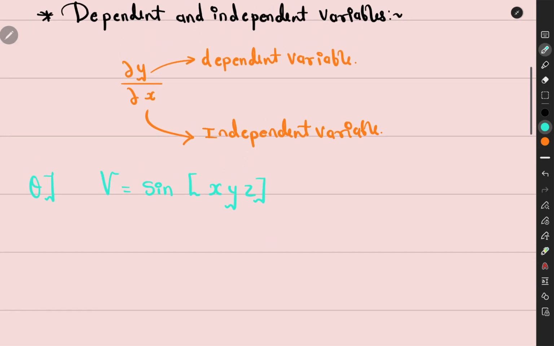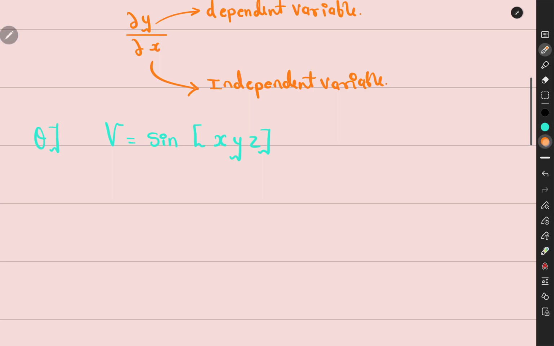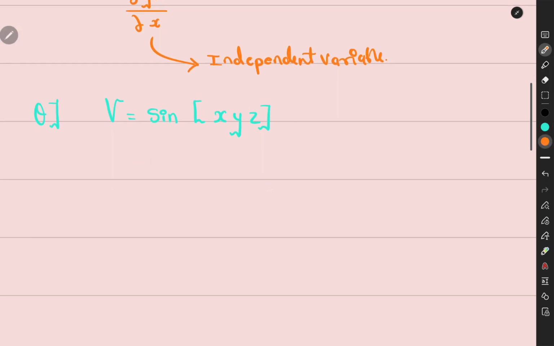From this problem you can understand what the independent variables are. So the first thing we are going to do is differentiate with respect to x partially. Remember this word, partially.